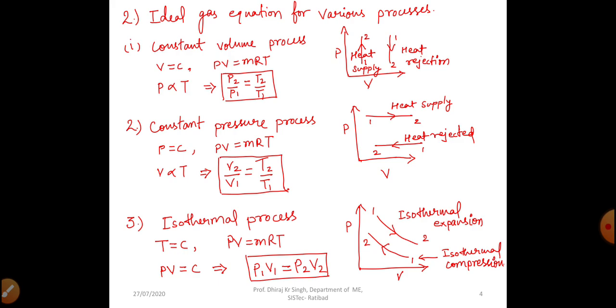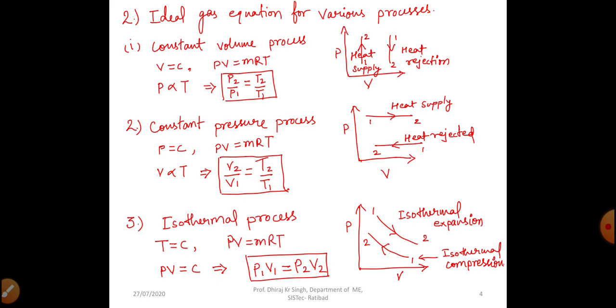Once again, I think I have said something wrong here. On the PV diagram, when the isothermal expansion process takes place, volume will increase and pressure will decrease. And in the isothermal compression process, volume will decrease and pressure will increase.